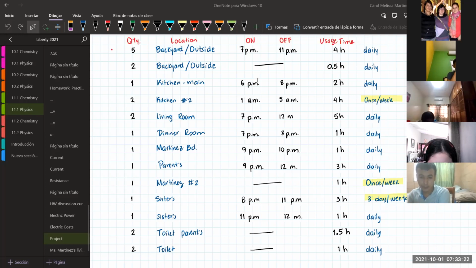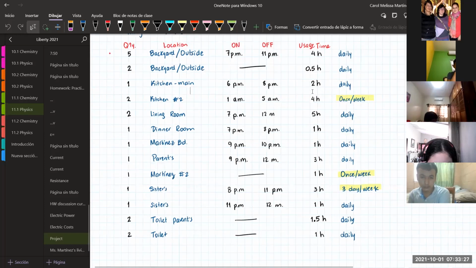Now I'm going to add everything. How many do I have? A ver. I remember last year they were like 26 or 22. 22 I guess. Tiene que salirme lo mismo.